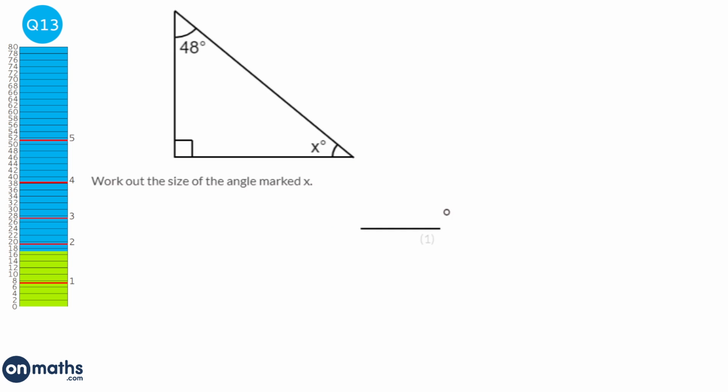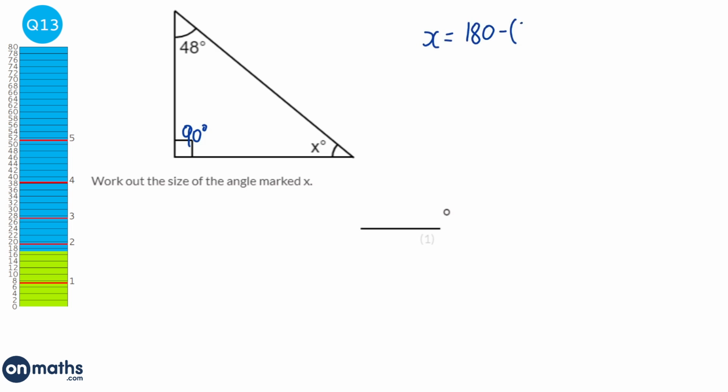Here we have a triangle, and we've got an angle of 48 degrees. We've got this right angle, which is 90 degrees, and we're looking for x. So what we need to do is realise that the 3 angles will add up to 180 because it's a triangle. So to find x we just subtract the 2 angles which we know.